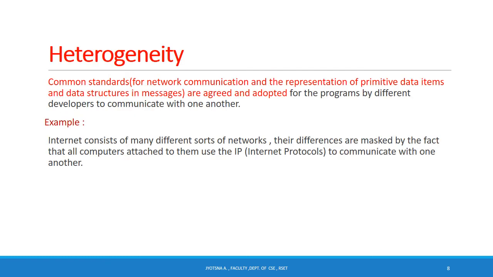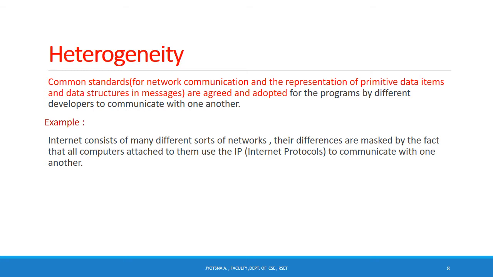In order to mask these differences in distributed systems, common standards for communication networks and the representation of primitive data items and data structures in messages are agreed and adopted for the programs by different developers to communicate with one another.